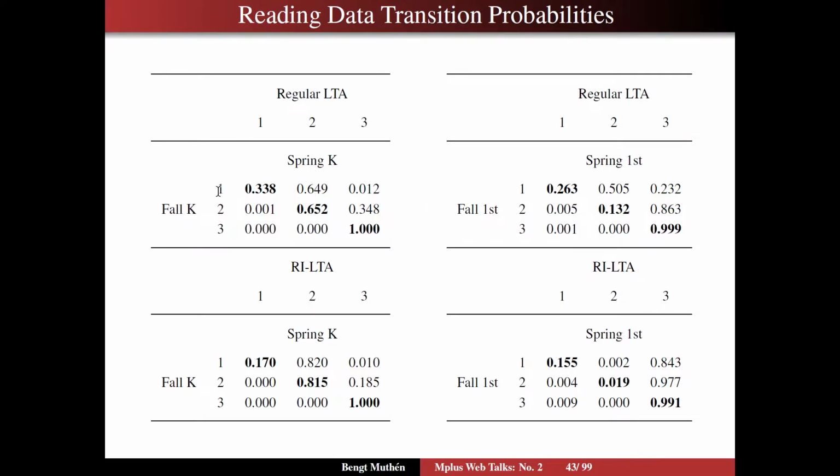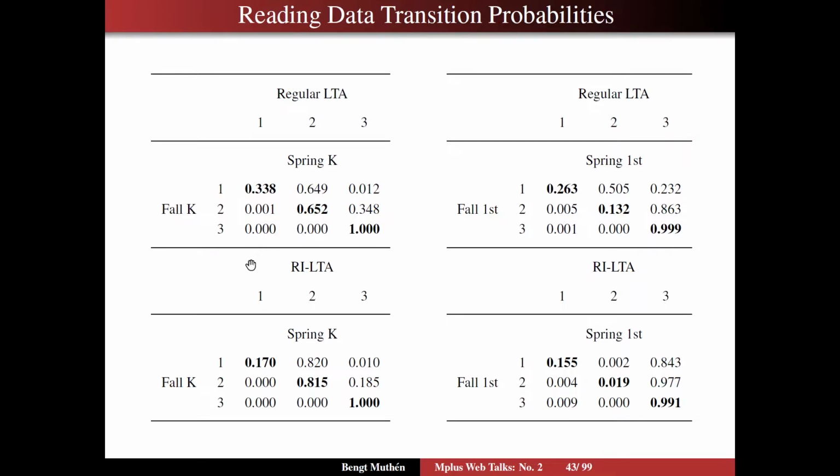So regular LTA says that for those who start in the lowest class in fall of kindergarten, there's a 34% chance of staying in that low class versus a 65% chance of moving on, which would be a better outcome.